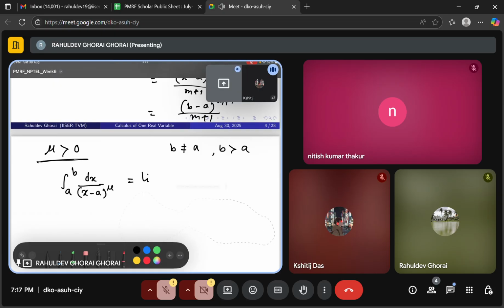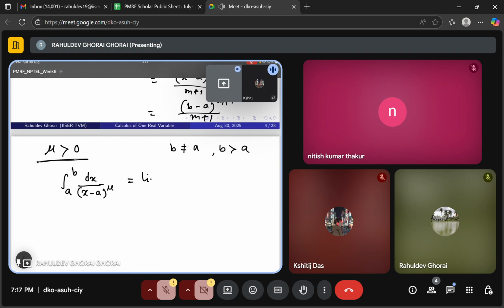So to make it a proper integral, we take the limit as epsilon tends to 0 plus, and integrate from a plus epsilon. Instead of 0 we had epsilon, so now we take a plus epsilon so that it does not include a.